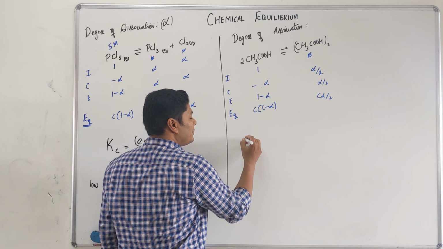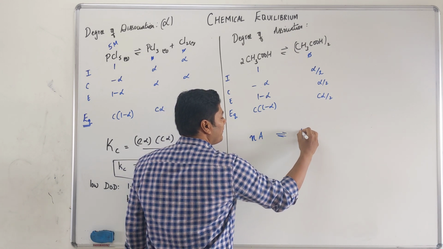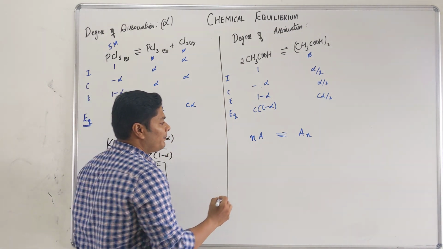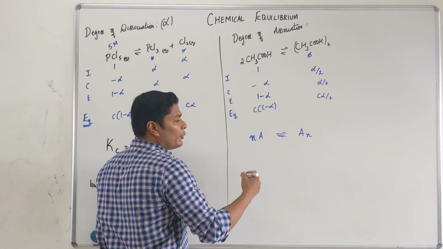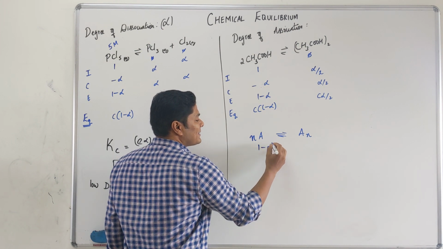Now let's say for example, in general, n molecules of A become An. Okay, how do you set up the ice table? I don't write ICE anymore, I am going to become a little bit faster. I start with 1, there is 0, minus alpha.